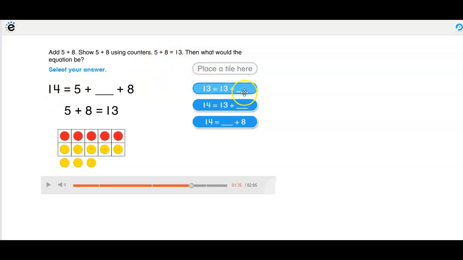So when we look here at these answer choices, we need to see one with 13 and 14. This equation here shows 13, which is 5 plus 8, 13 plus blank, our missing number, equals the same total of 14. So we would choose this one here.